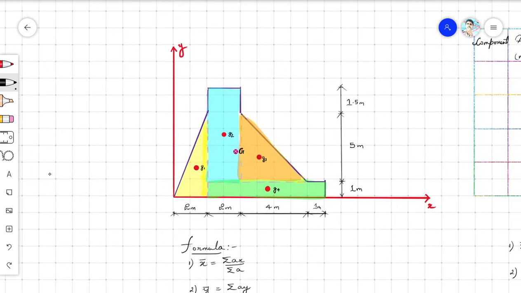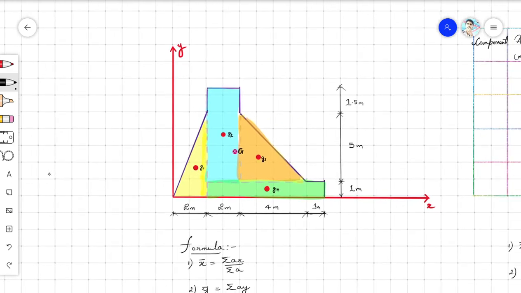I have already cut that section. You can see here G1 is the centroidal point for this triangle, and as I said, this will be x1 and y1, this will be x2 and y2, this will be x3 and y3, and for the last one this will be x4 and y4.